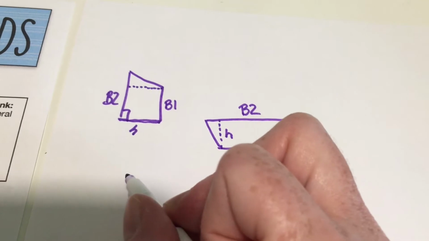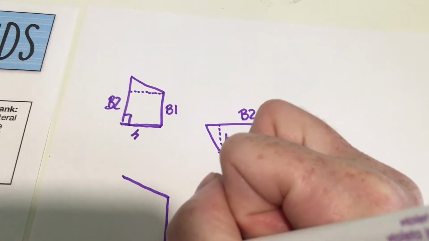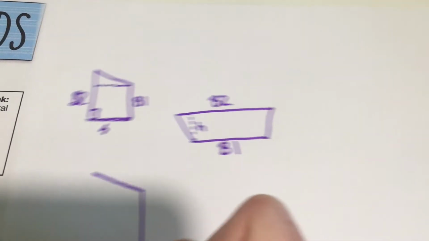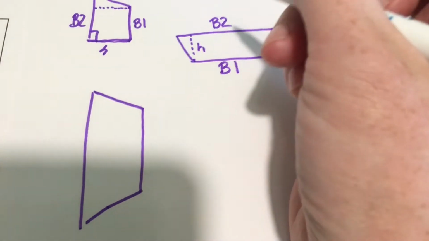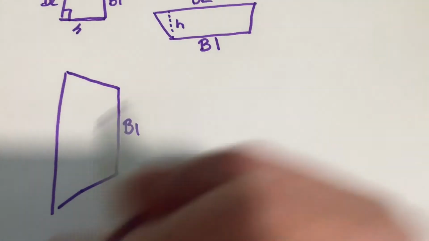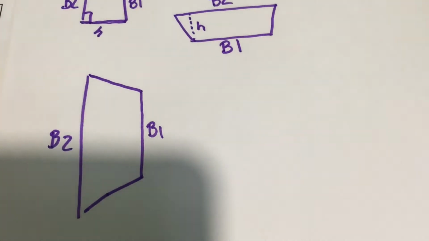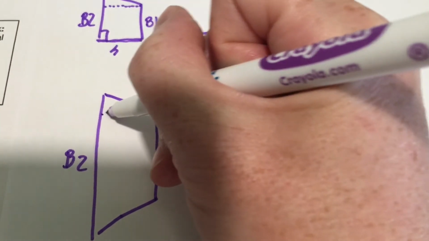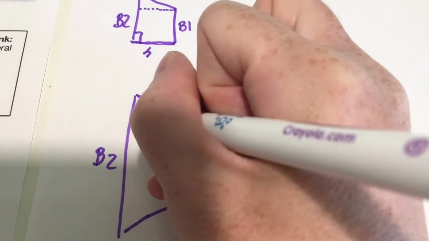We'll draw another one so we can kind of get used to the shape and how they change. Okay, so here's another trapezoid. We know this is base 1 because it's the smaller side. And then base 2, the longer side. And then we know the height would be here. That's the height.